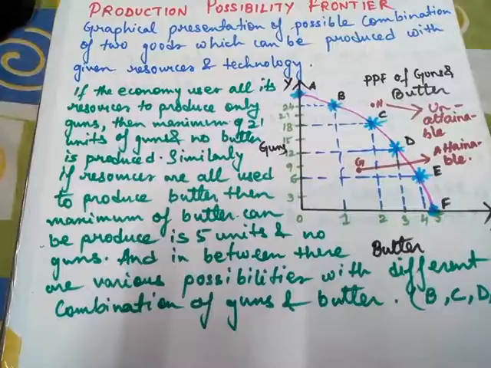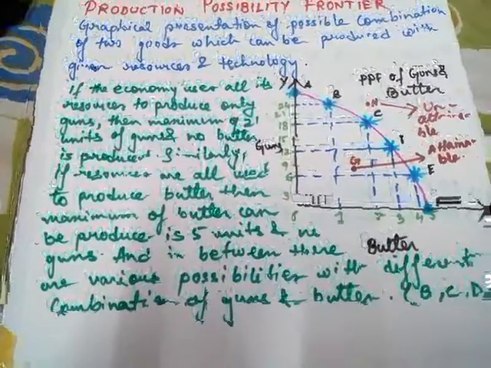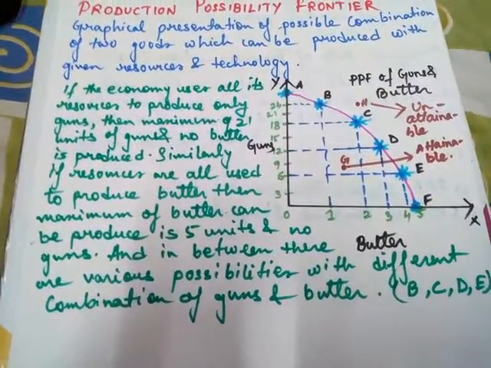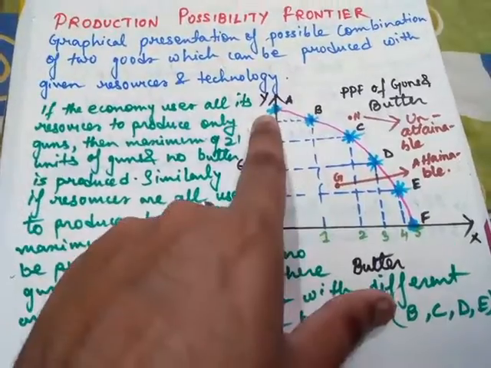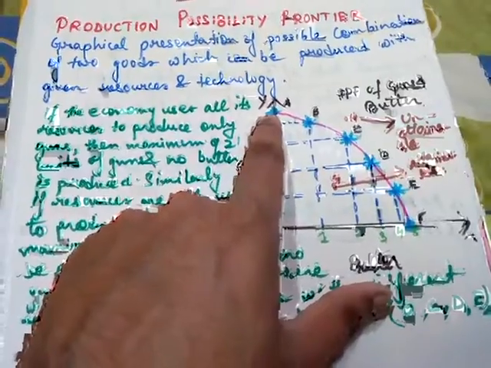So if all the resources are being used to produce guns, the maximum is 24. At this point, this is the maximum amount of gun that can be produced.